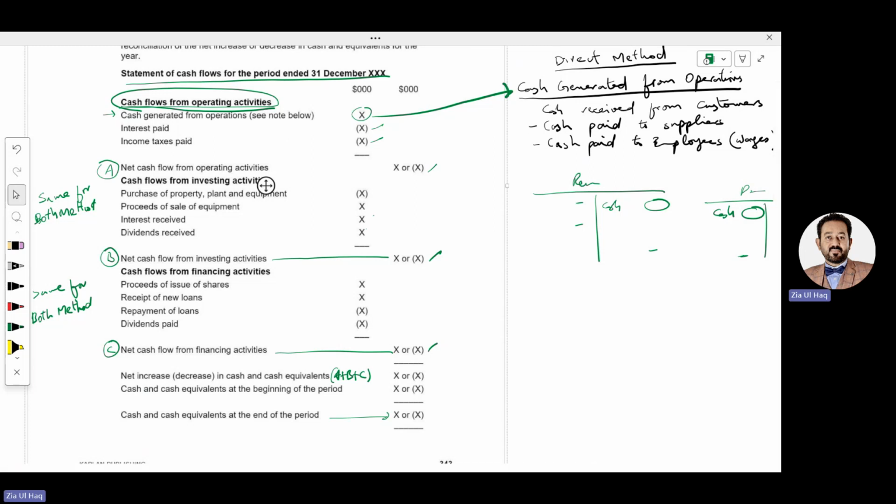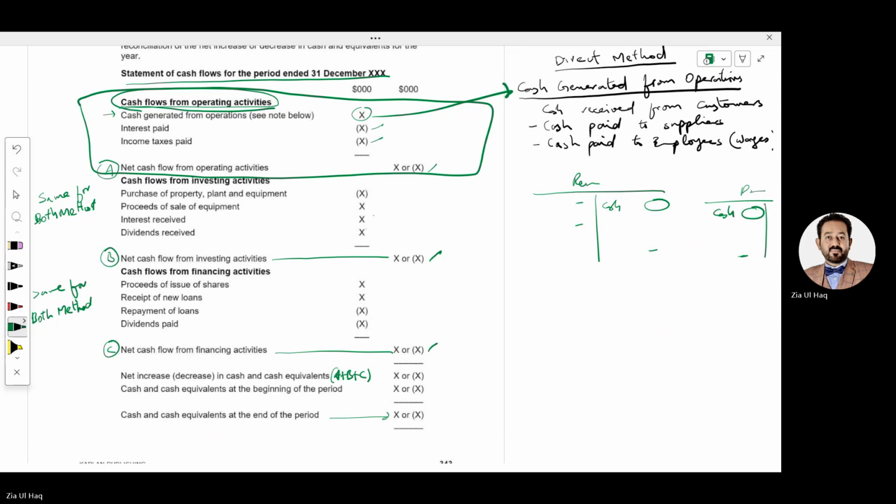Under indirect method, only cash flow from operating activities calculation will be different. Investing and financing will remain the same. So let's discuss how to prepare cash flow statement from the indirect method.